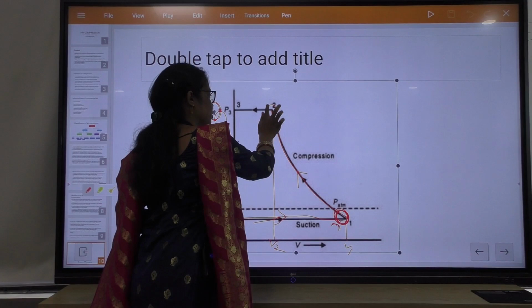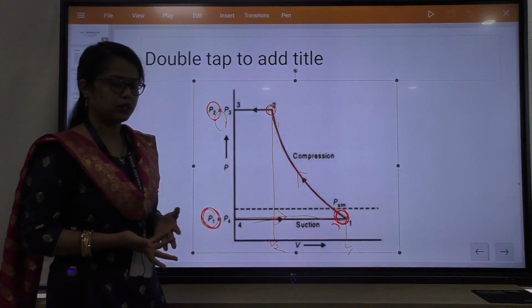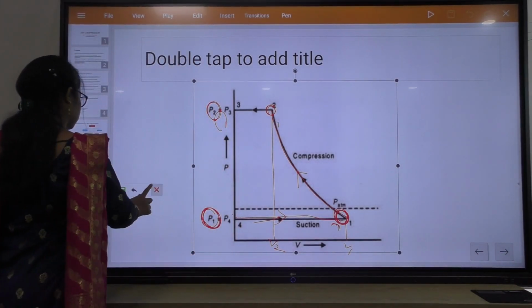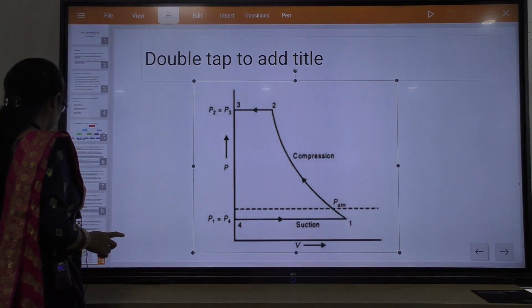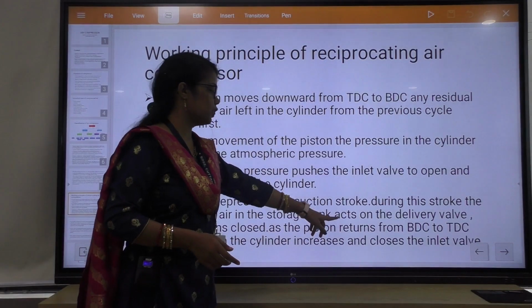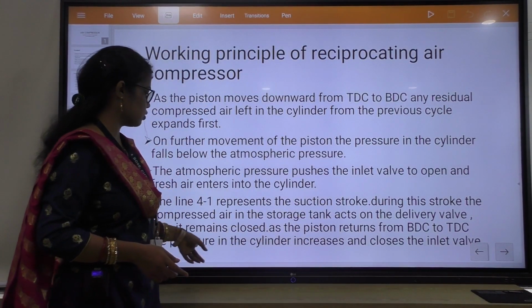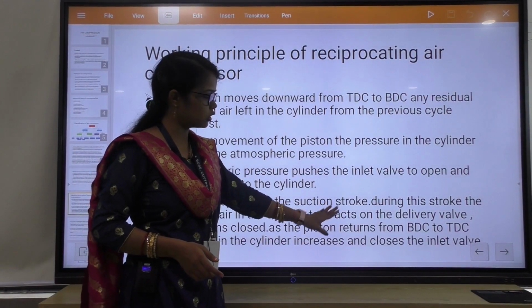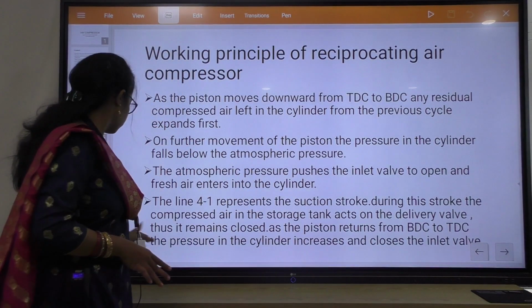Up to point 2 the compression process is happening, and after that, as the piston returns from BDC to TDC, the pressure in the cylinder increases and closes the inlet valve, that is the compression stroke.